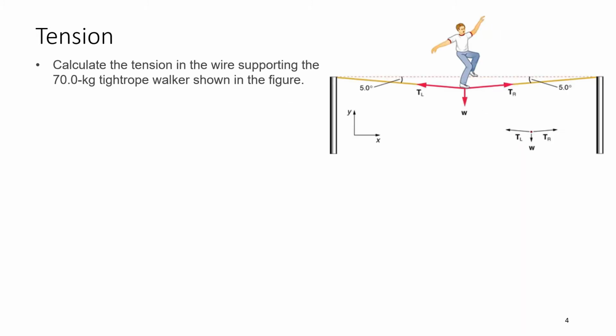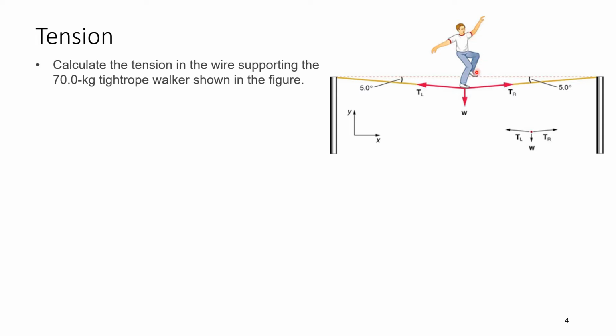Let's look at this example together. As you can see in the figure, the wire is not perfectly horizontal, but is bent under the person's weight. Thus, the tension on each side of the person has an upward component that can support his weight.